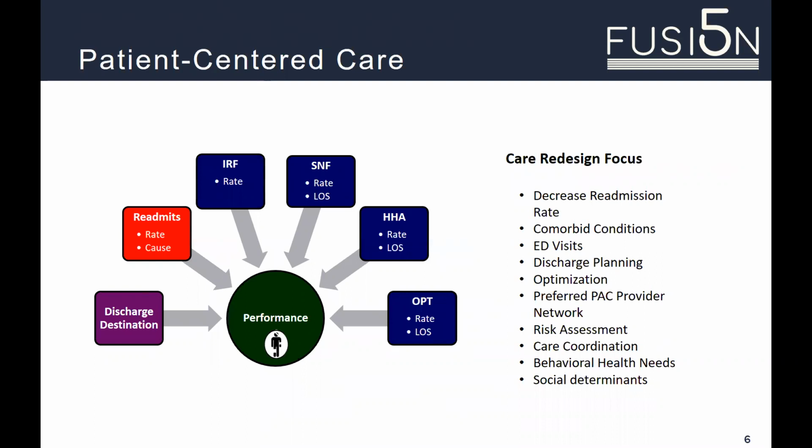So we're going to do those things by looking at readmission rates and hoping to decrease those if they're a higher rate, looking at comorbid conditions, and does the patient have some things that we need to address prior to their surgery, hoping to take down the number of ED visits or post visits for things that may cause a readmission to the hospital.